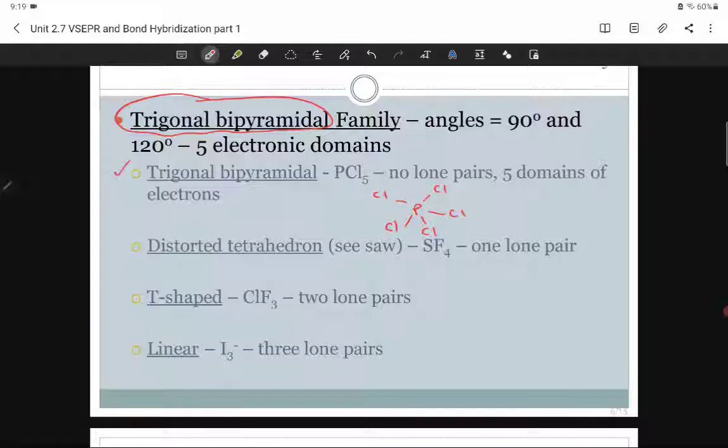If one of these domains is not bonded, like in this molecule, you would have, whoops, that's carbon, we don't want carbon, sulfur with 4 fluorines.